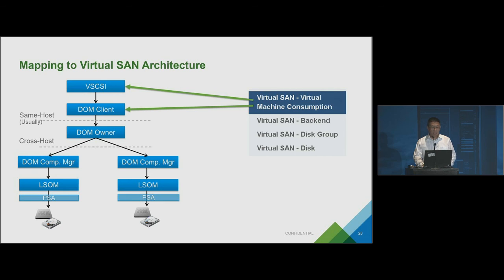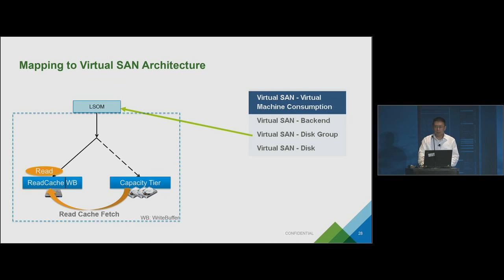Virtual SAN backend maps to the DOM component manager layer. Disk group maps to the LSOM layer, in particular the caching tier statistics. It contains advanced metrics such as read cache utilization, write buffer utilization, destaging throughput, and so on. Finally, the Virtual SAN disk maps to the physical disk usage for the caching tier and capacity tier disks.